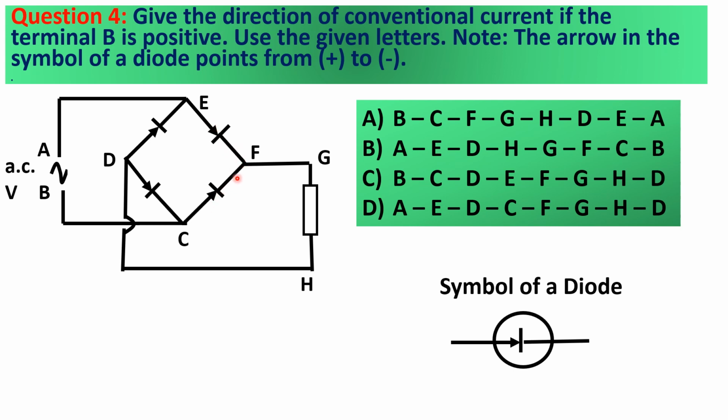Instead, it goes to F, then to G, passing through the resistor, into point H, and all the way back to point D, and then since this is forward bias, it's able to pass through that diode. And what happens next?